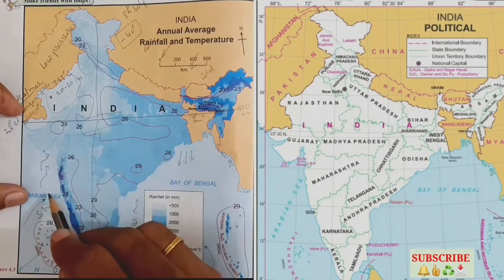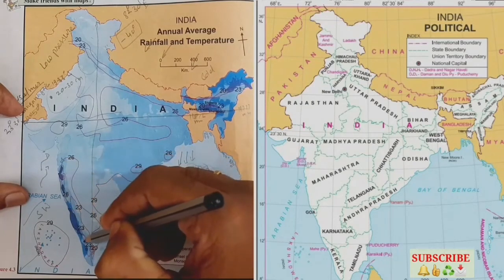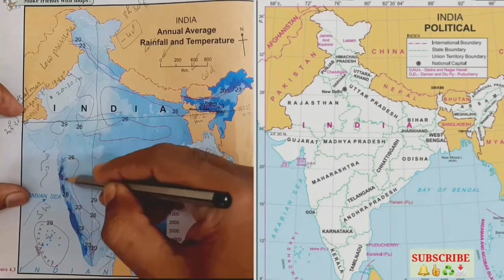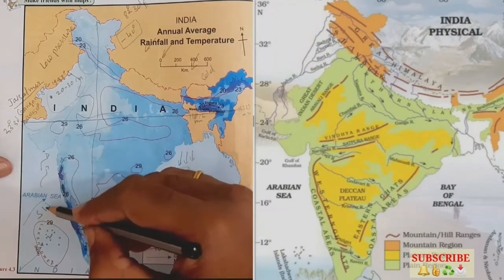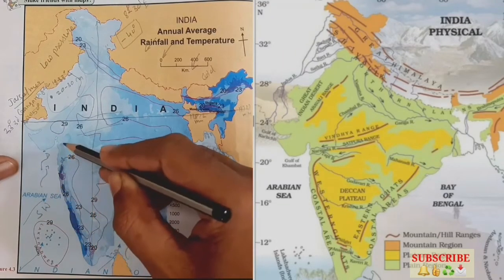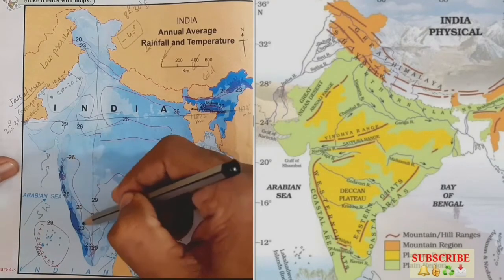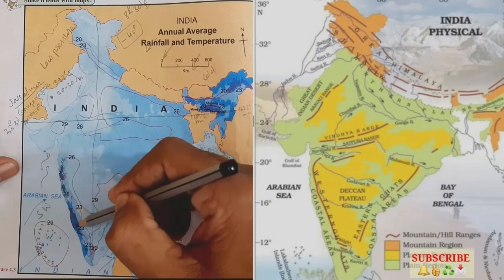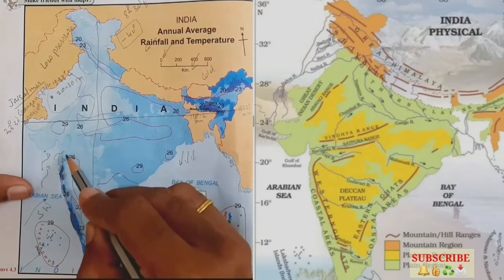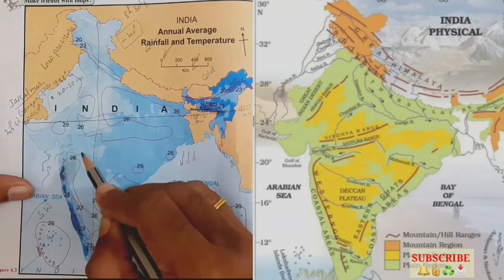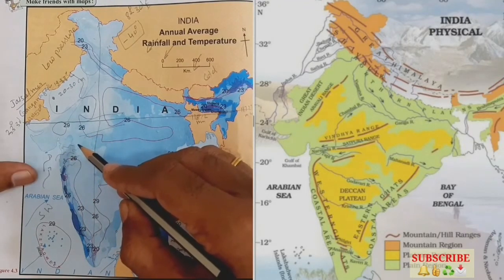Because of these southwest winds, the coastal region of India below the Western Ghats receives heavy rainfall, because of the obstruction of the Western Ghats. As the wind crosses the Western Ghats, the humidity in the air reduces.